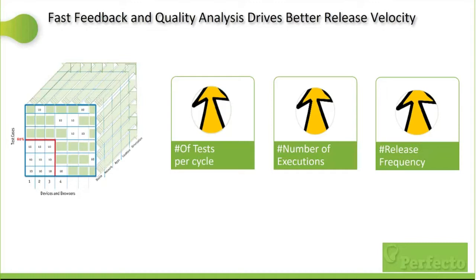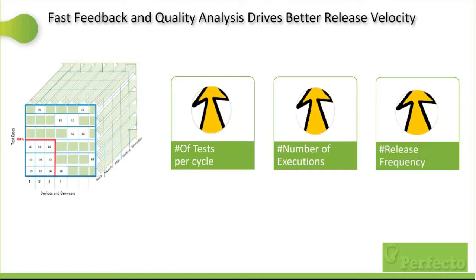Can be different networks, different locations, different personas on which you need to test your application, and this drives a growth in the number of tests you need to execute per each cycle. And each cycle can include functional tests, unit test cases, integration, and so forth.